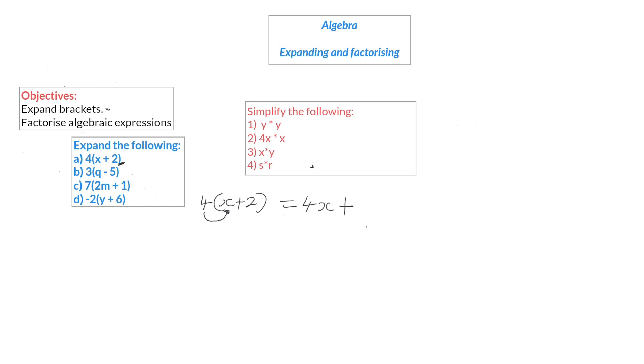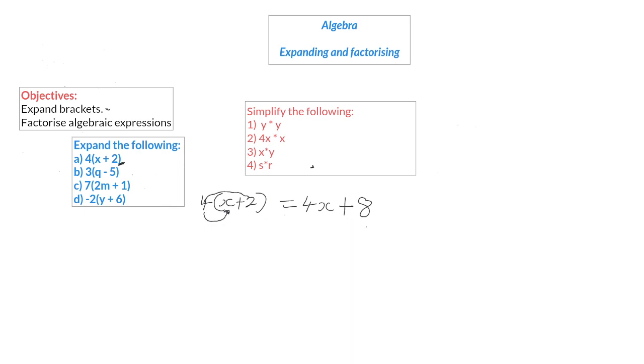Because when you look at this number 4, it's positive. Any number that is positive, we don't write the positive sign if it's alone. So 4 is positive and this is also positive, then I can write the positive sign. Now the next thing is to use the same 4 to multiply the second term. So it will be 4 times 2, and that will be 8. You're doing well.